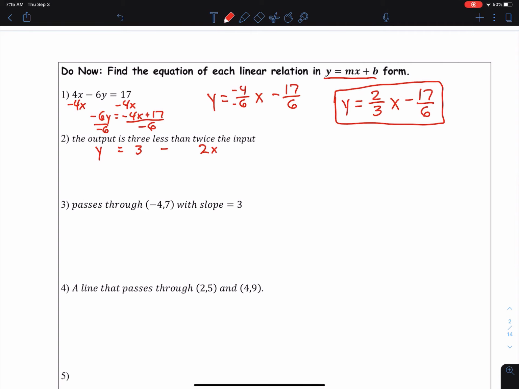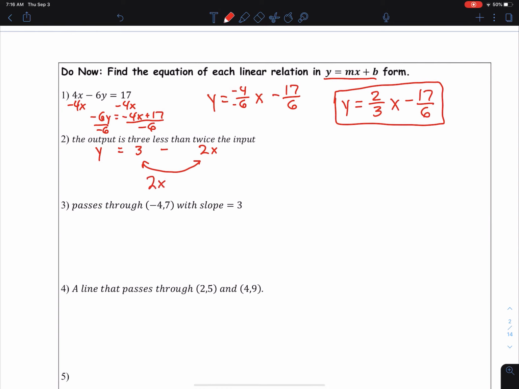But the big difference here is whenever you see less than, you need to flip the order. So instead of 3 minus 2x, it's 2x minus 3 equals y. So whenever you see less than, make sure you flip the order. That is key. You're going to see a lot of questions use less than for the wording. So it's subtracting, but you have to flip the order.